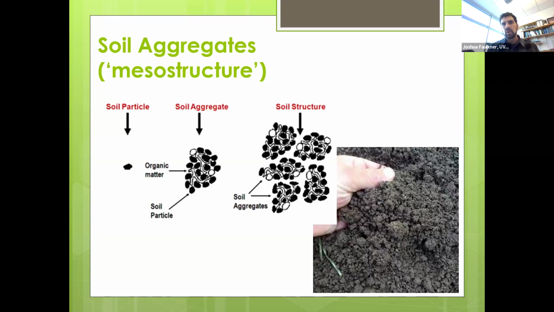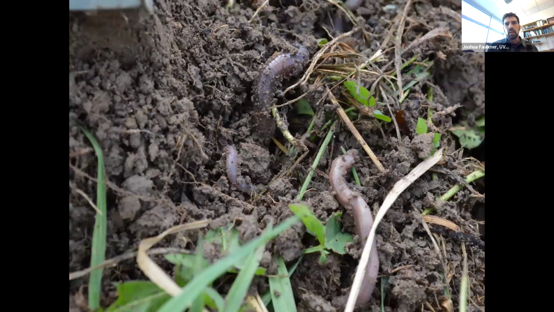And of course, when we have these aggregates, they don't pack in tight against one another. There are voids in between these aggregates, and those are the channels with which air, and in our case today, water moves. So these aggregates are critical for that movement. And here's just another image.